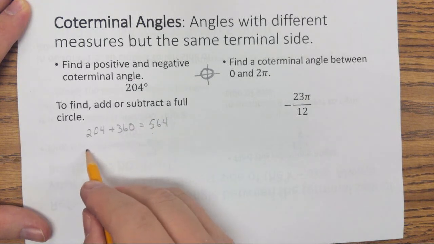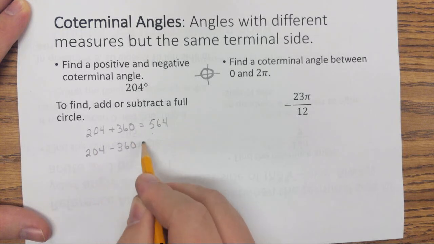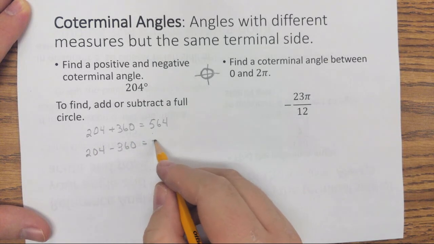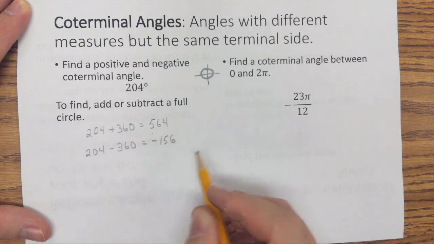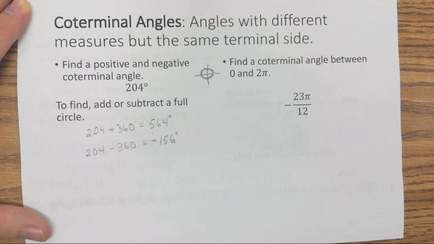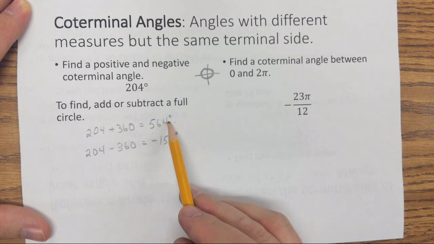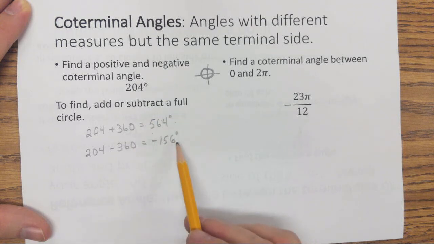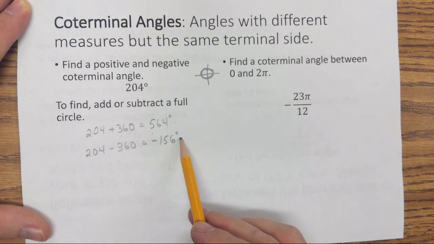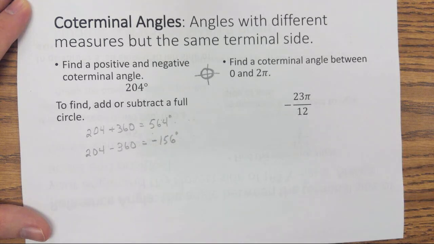I also could have just subtracted 360 and got negative 156. These two angles are coterminal angles. If I wanted to, I could add 360 again and get another coterminal angle, or subtract 360 again and get another, and so on and so forth.